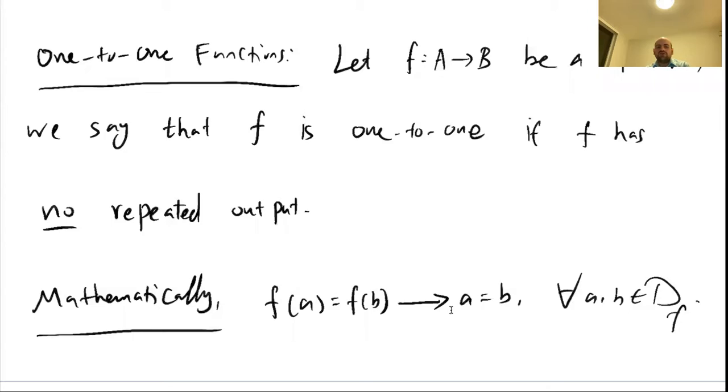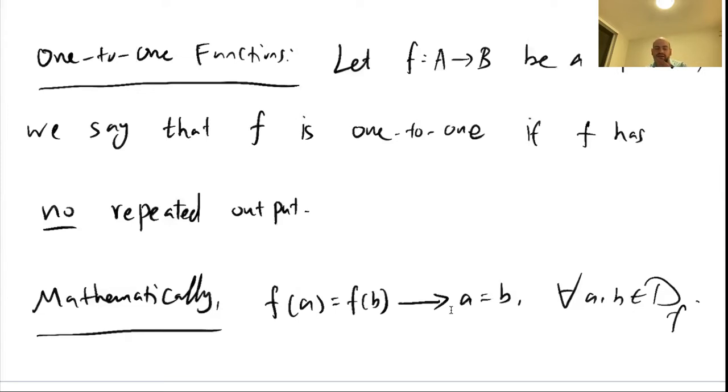Remember, for functions, we said that we have to assign exactly one output to each input. But we did not say that we are not allowed to assign the same output to two different inputs. So potentially it's possible that we have the same output for two different inputs.